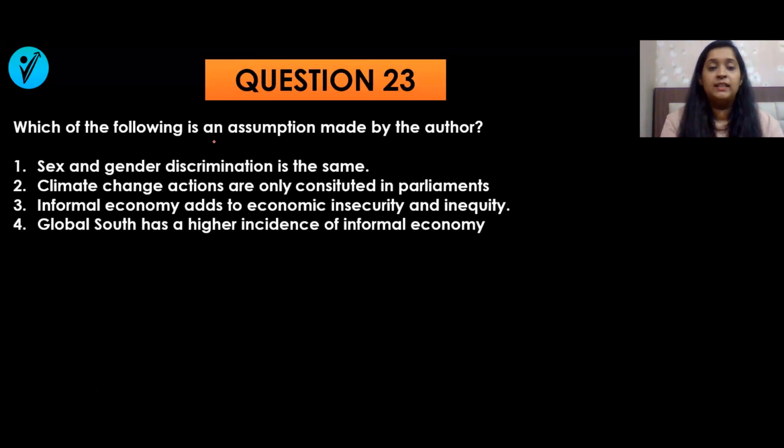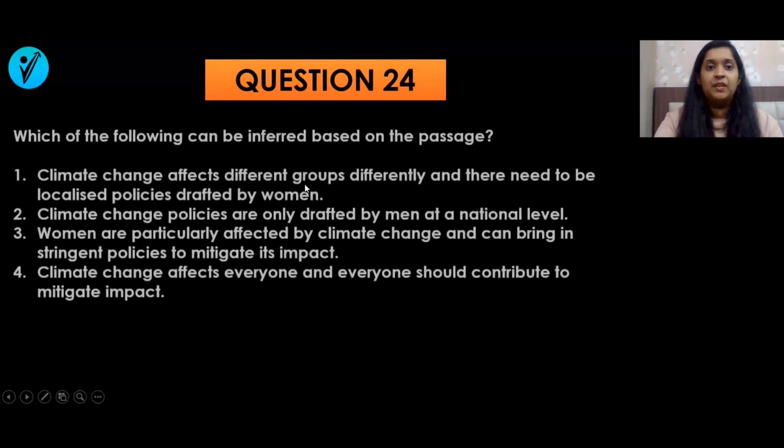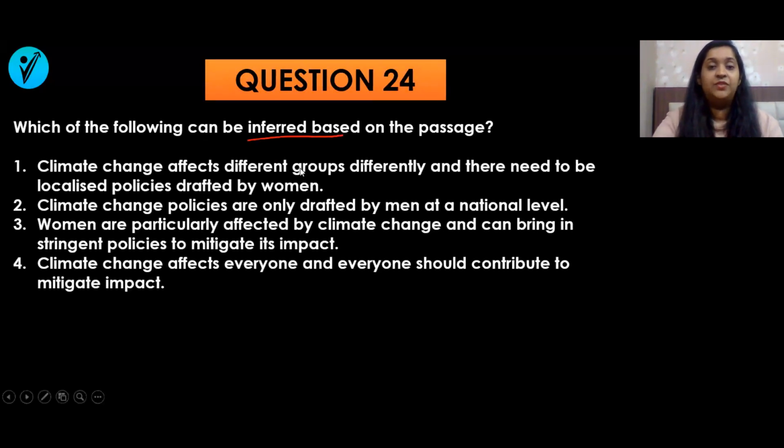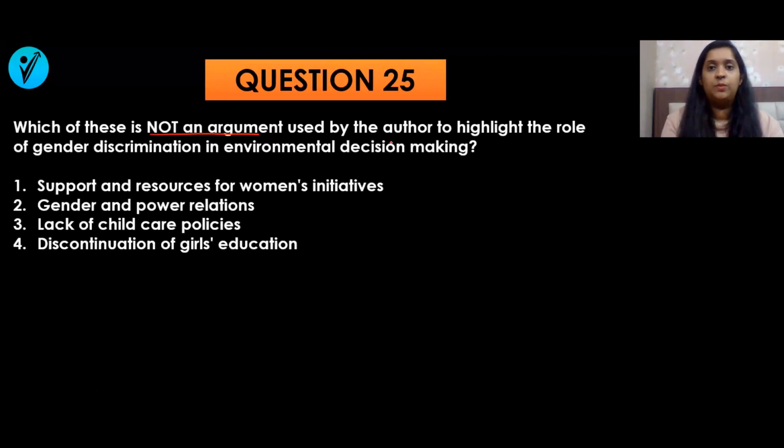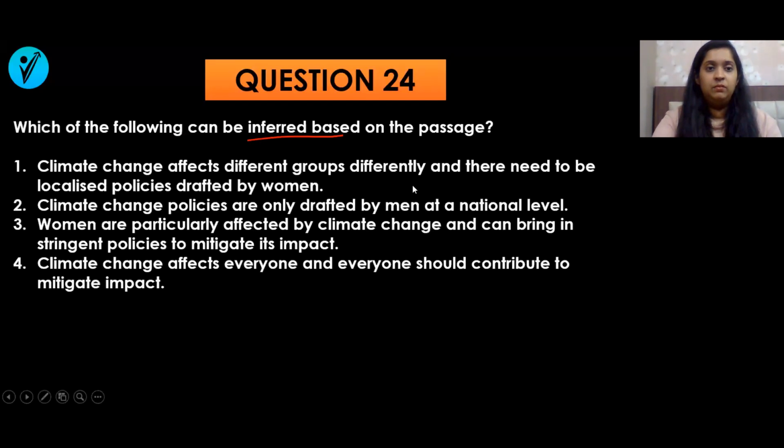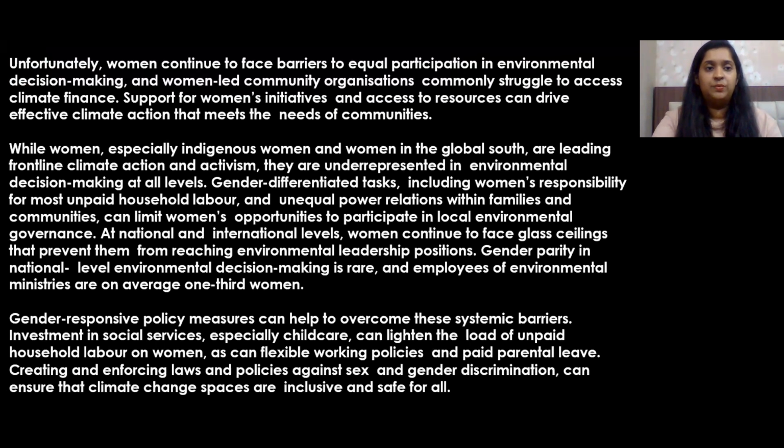Which of the following is an assumption? So purpose, assumption, exception. Can be inferred, inference-based question, and not an argument used by the author to highlight the role of gender discrimination. So I'll give you 2 minutes to go through the passage and read it.